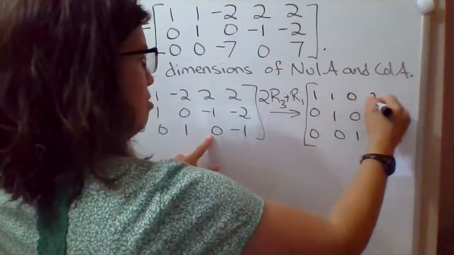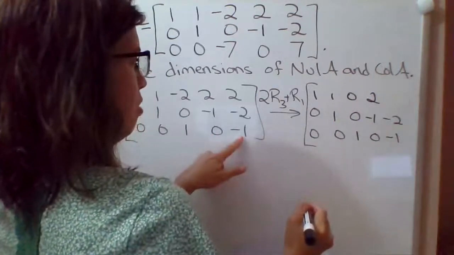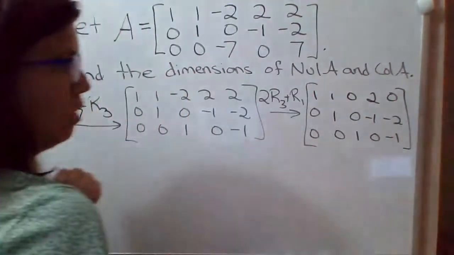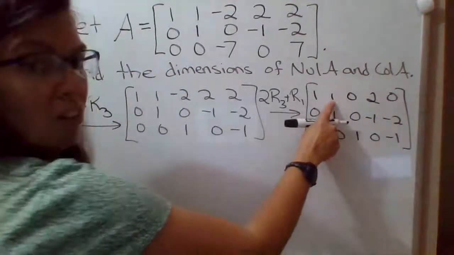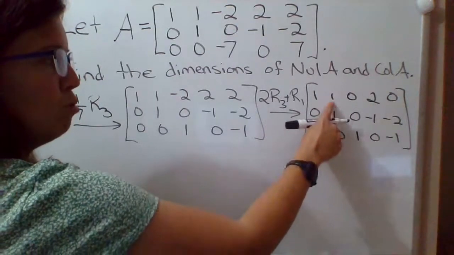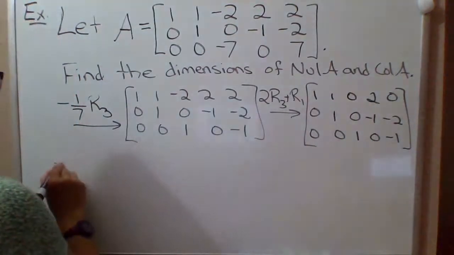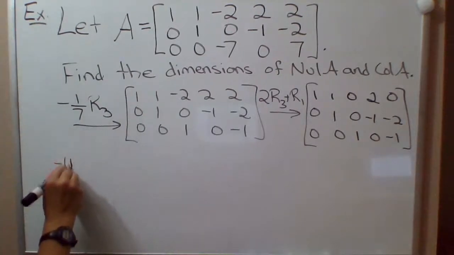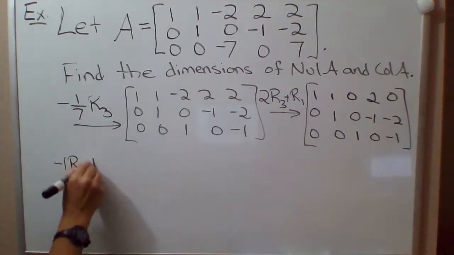This will still be 2, and then 2 times this, so -2 plus 2, this is now 0 here. One more row operation: I want to get a 0 in this position here, so I'm going to do -1 times row 2 plus row 1.